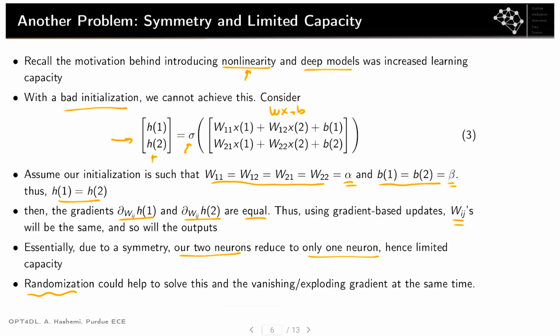One place we use it is in the stochastic gradient descent algorithm itself, so our updates are basically randomized. Another place we use it is in initialization. We're going to use randomized initialization to avoid this symmetry issue and also mitigate the vanishing and exploding gradient problem.